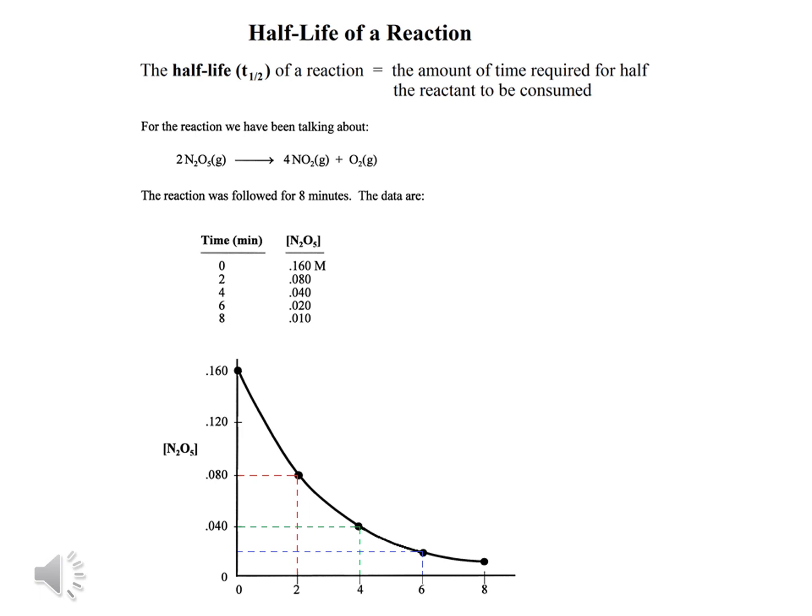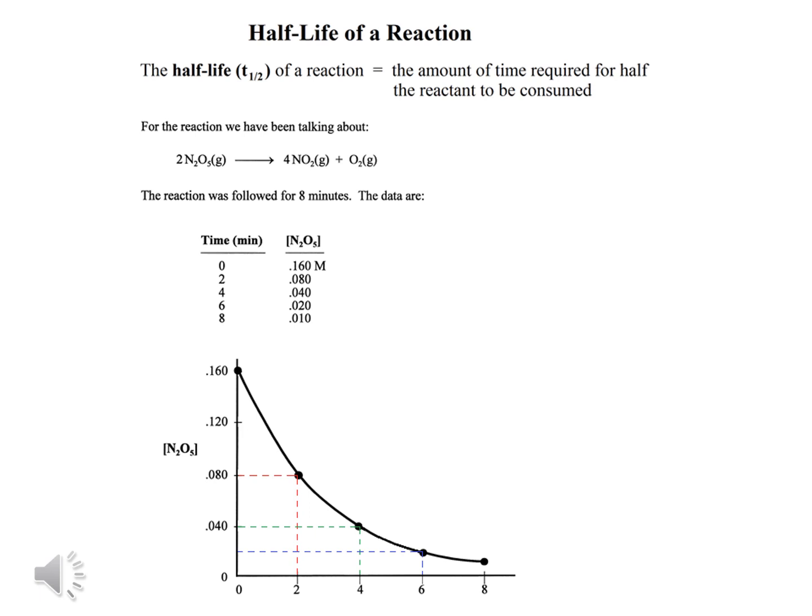If you look at the graph that I have at the bottom of the page, it takes for the substance to go from 0.16 to half, 0.08, about 2 hours. If you start at 0.08, it takes another 2 hours to go to half again. And if you go from 0.04 to 0.02, it takes another 2 hours again.